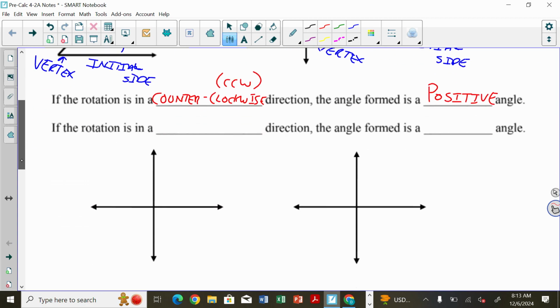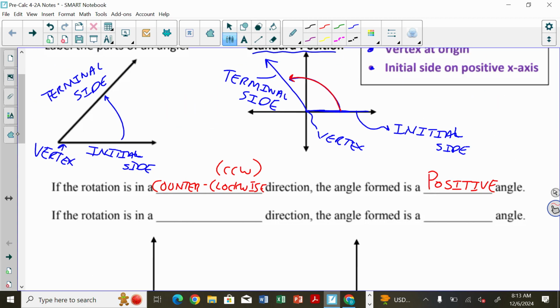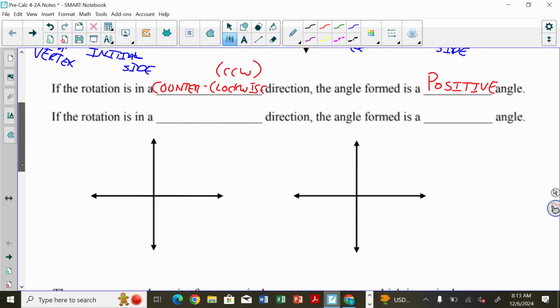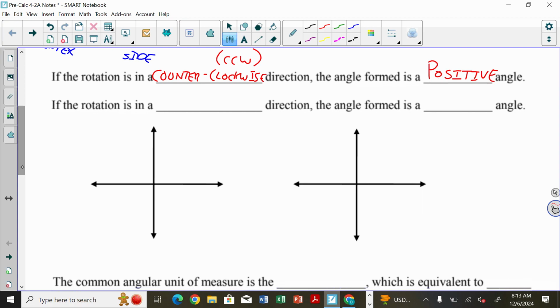If it goes the other direction, clockwise, or CW, then that would be a negative angle.